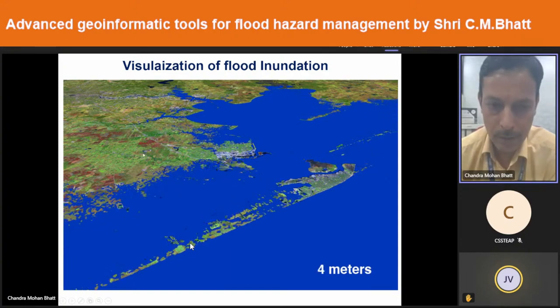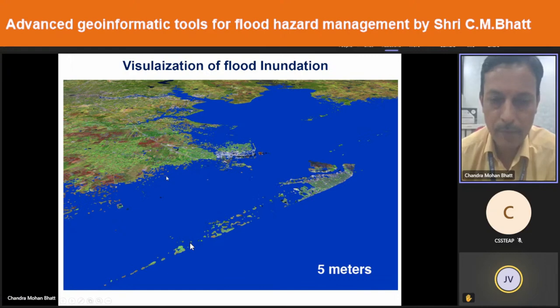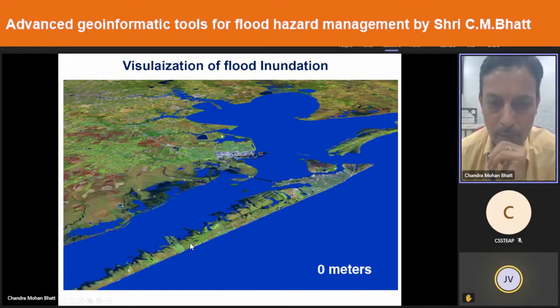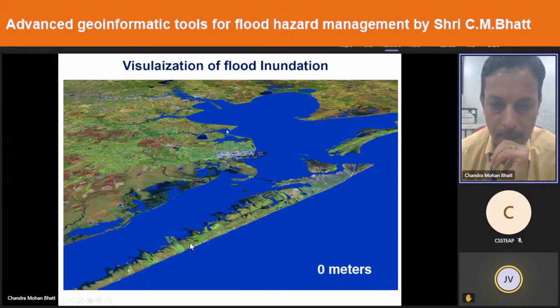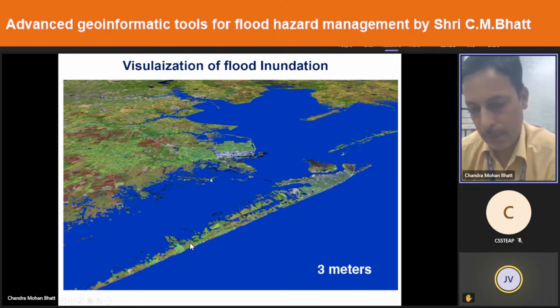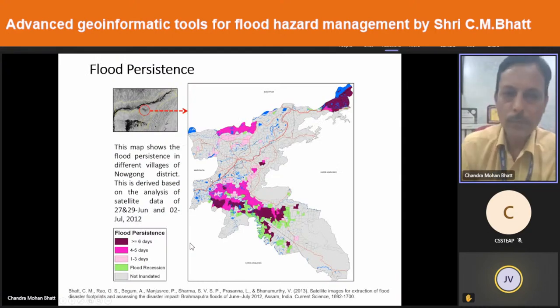And if you have building footprints, you can have a 3D building also over here to see what height of building will get impacted. And this model will help to identify such kinds of damages.